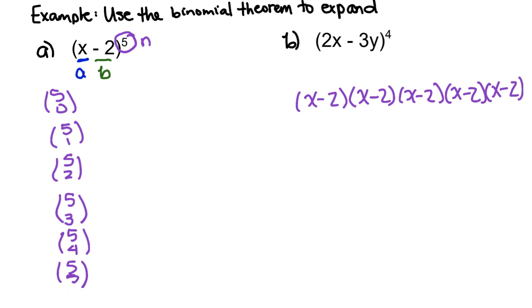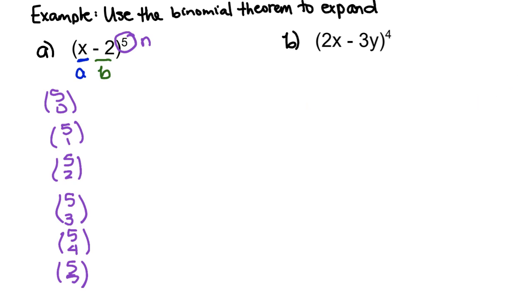So then we're just going to have our top number be whatever the expansion is. The bottom number is going to go from 0 to whatever that expansion is. Those are our coefficients for these pieces. And then we're going to take our first piece, the x, and start at 5, 4, 3, 2, 1, 0.